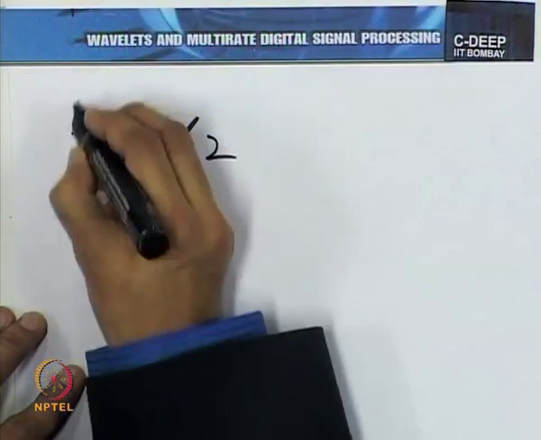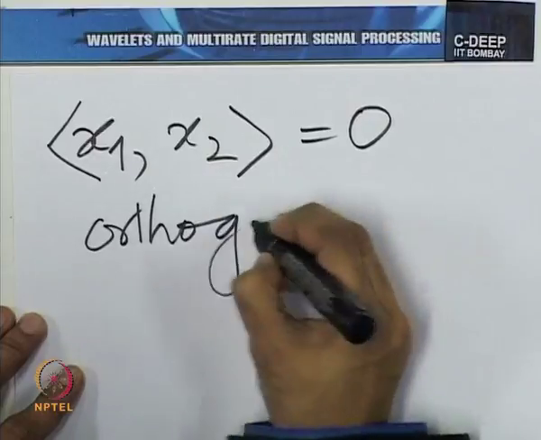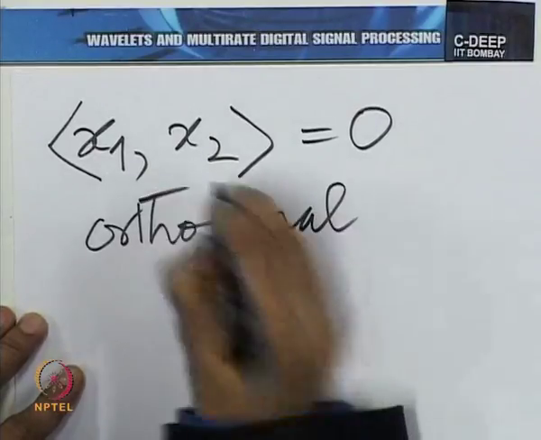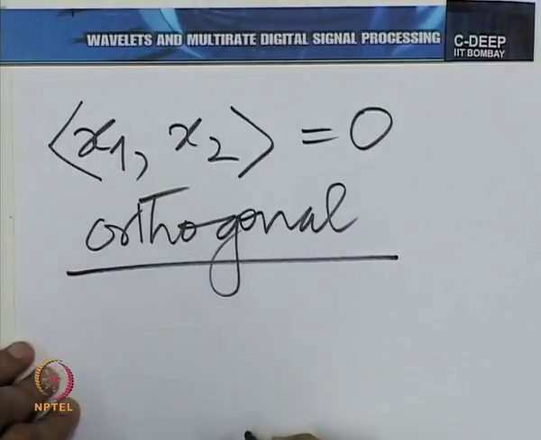So, the dot product of x1 and x2 is 0, they are perpendicular or orthogonal. You know, we do not use the word perpendicular anymore. When we talk about functions, we should use the word orthogonal.